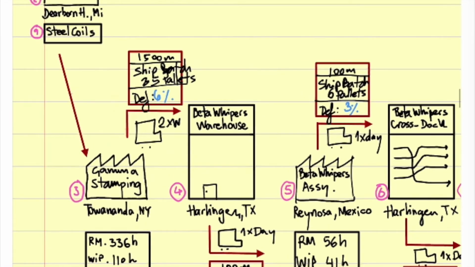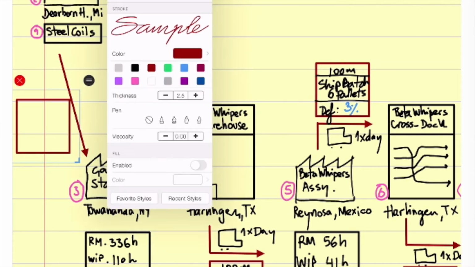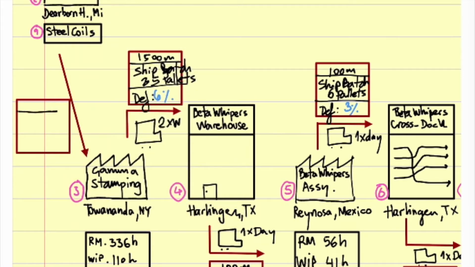And we have, of course, our data with 500 miles, a shipping batch of 72 coils, and a defective rate of 8%.